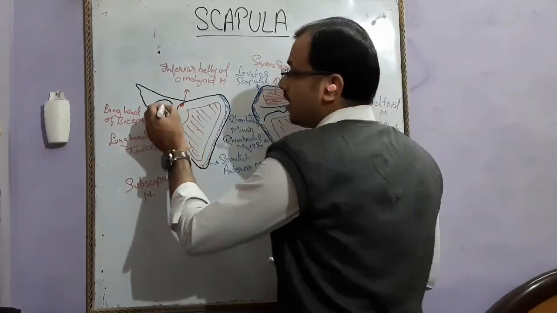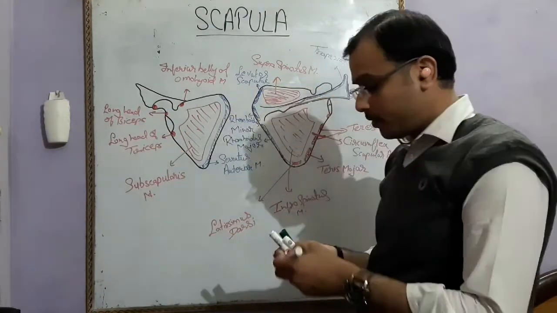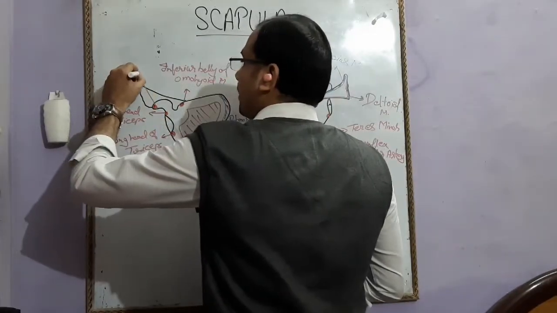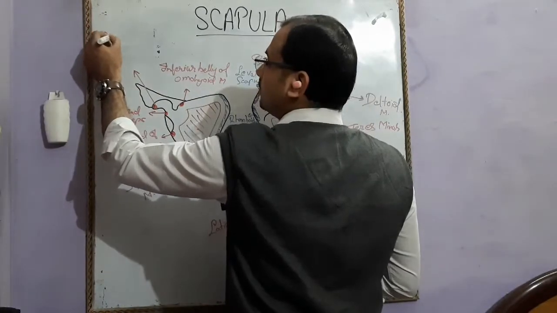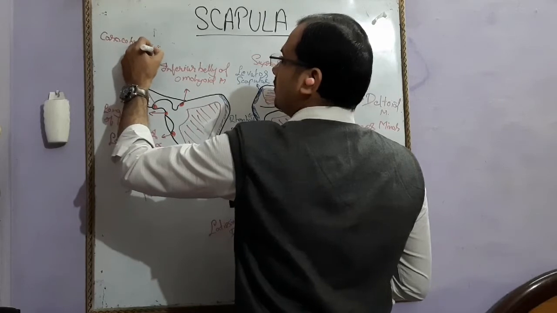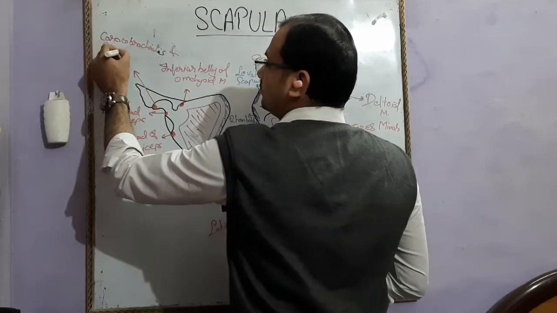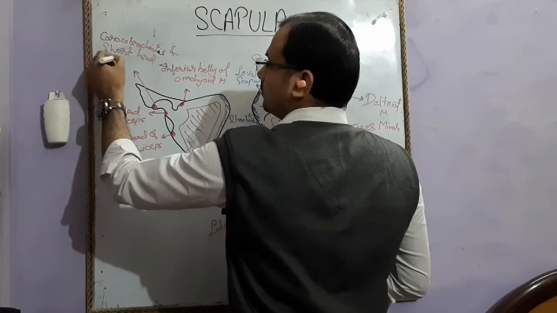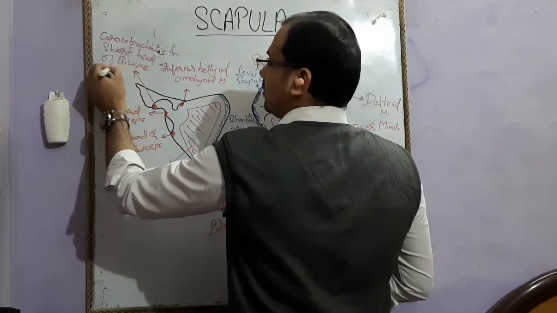Two muscles originate from the tip of the coracoid process, known as coracobrachialis muscle and short head of biceps brachii muscle.